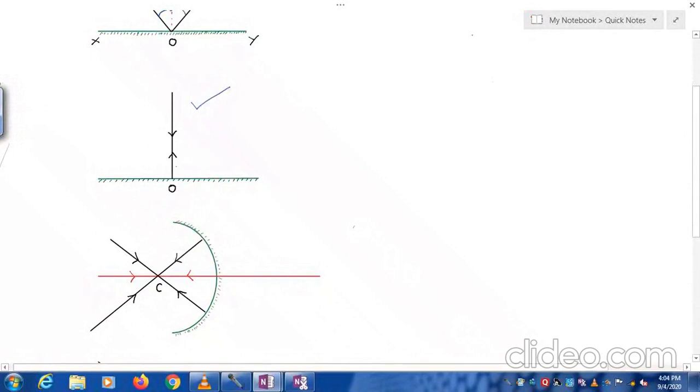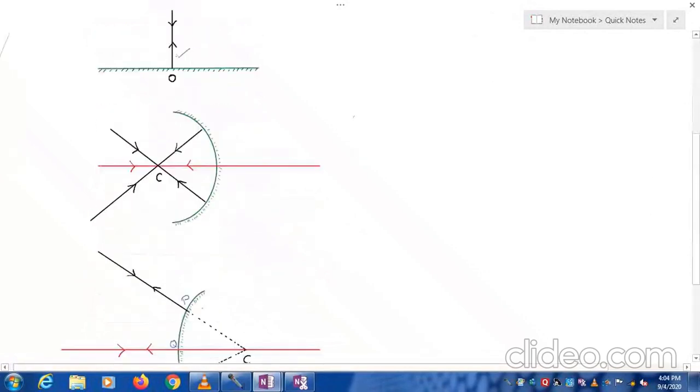So the angle of reflection will also be 0 degree as per the laws of reflection. So see here, the reflected ray will retrace its path, or it will go over the same path of the incident ray.